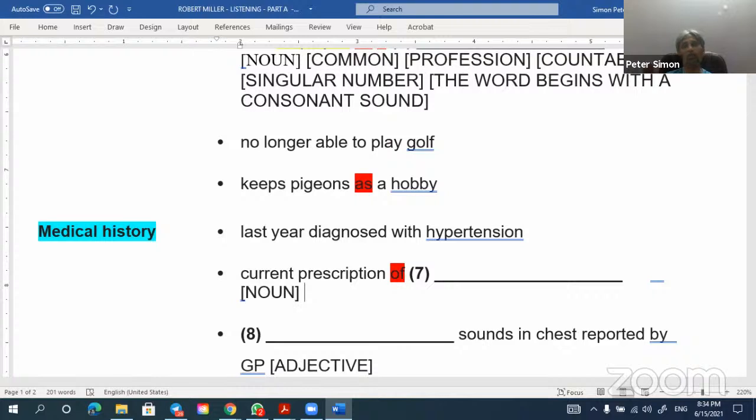That something may be countable or uncountable. Medication or medications. Treatment or treatments. It may be singular or plural. Okay, next one we'll come back to that.